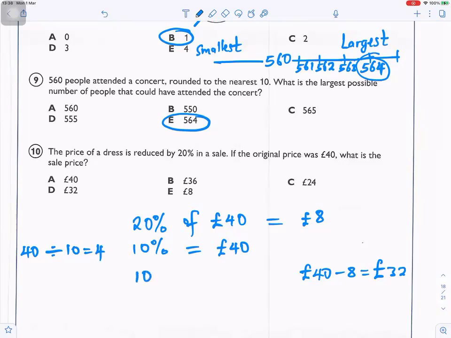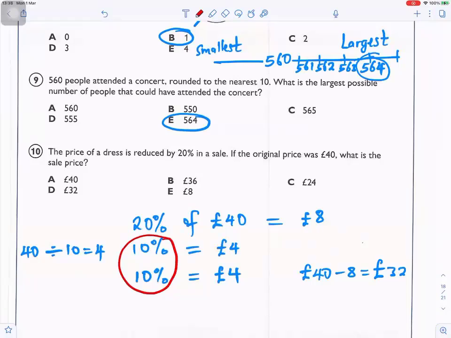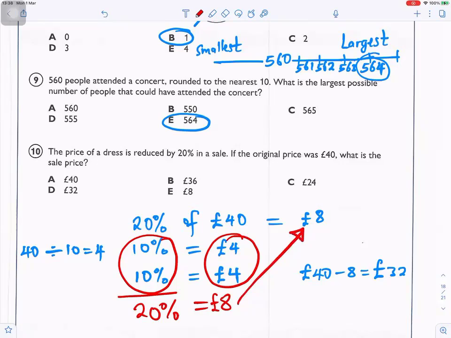If you do another 10%, 10% is £4. Another 10% will give you another £4. When you add 10% plus 10%, it gives you 20%. So you add £4 plus £4, it gives you £8. That's where we got the £8 from.